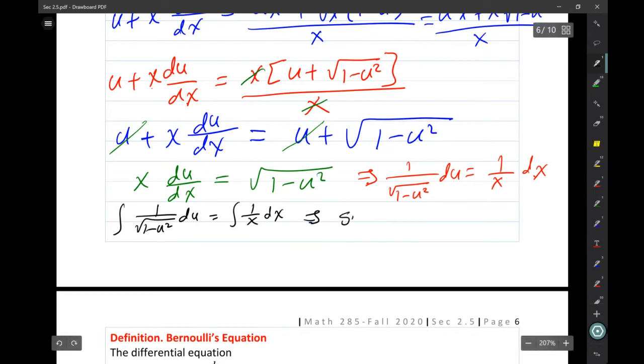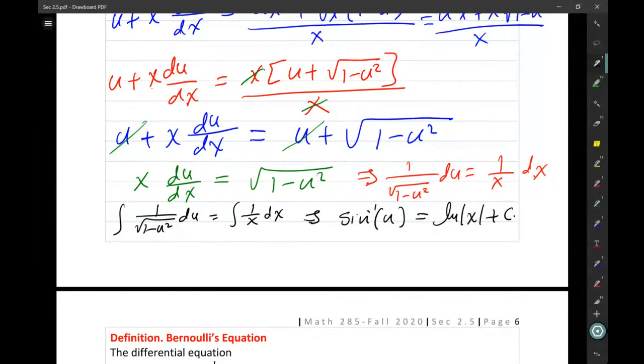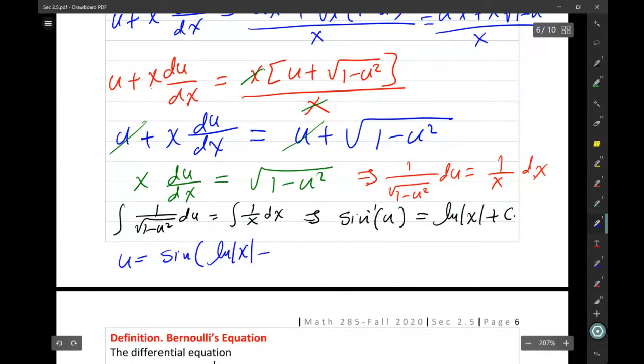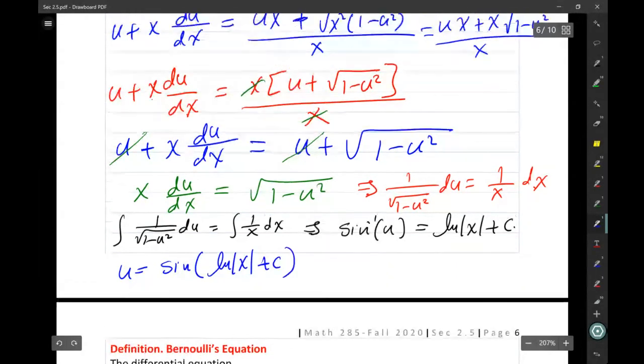It is sine inverse u, equal to ln absolute x plus c. Now take sine of both sides, and it becomes u is equal to sine of ln absolute x plus c.